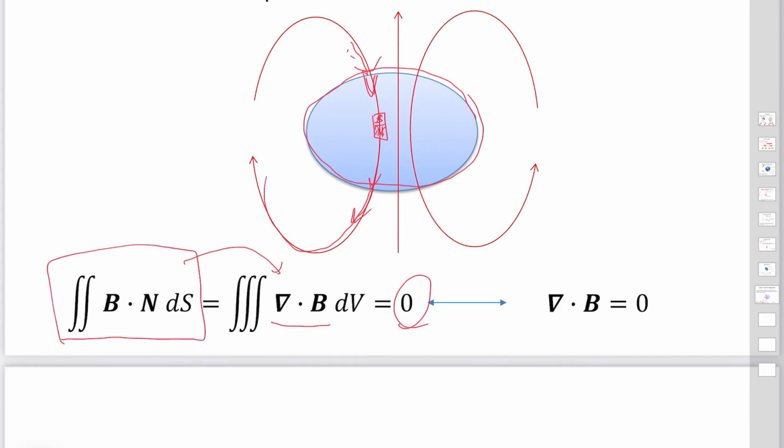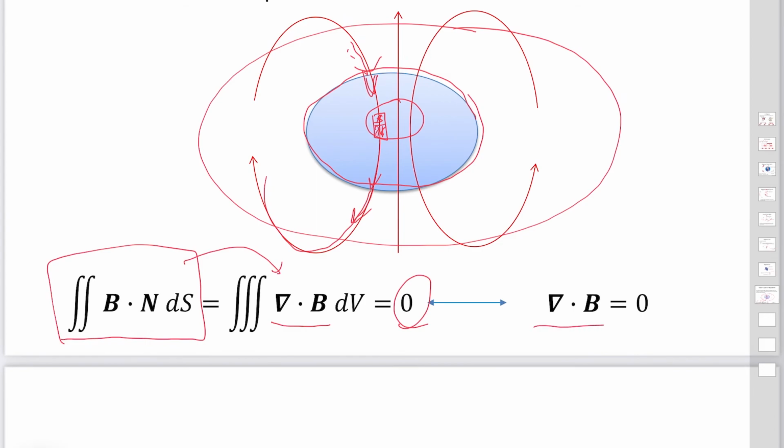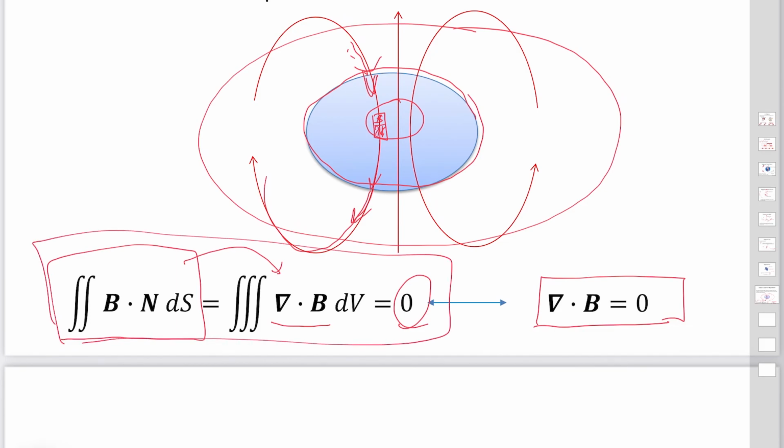So you can take any size of the closed surface. It's independent of the size of the closed surface. So it becomes del operator dot B equals 0. This is the differential form of the fundamental equation of Gauss's law of magnetism. And the previous one is the expression of Gauss's law for magnetism in an integral form.